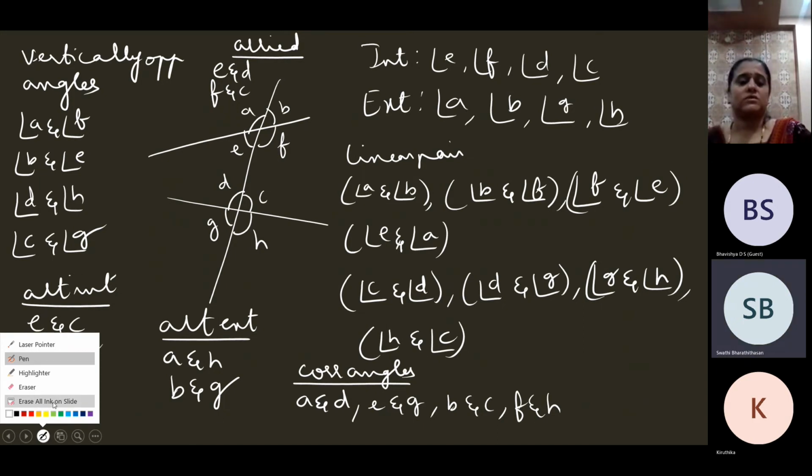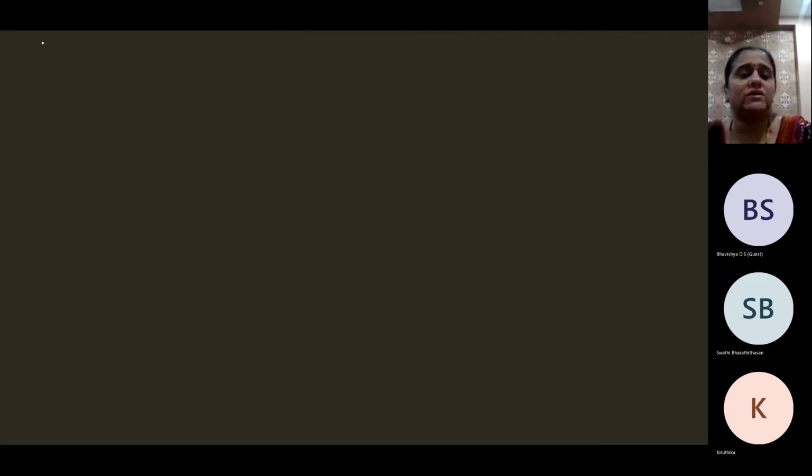Yes, ma'am. All right. Now we'll see when two parallel lines are intersected by a transversal. Earlier we just took two lines. When two lines are intersected by a transversal, we identified the different pairs of angles formed.